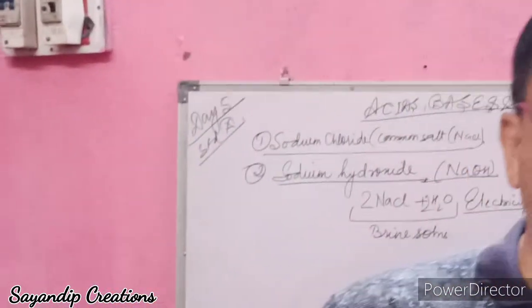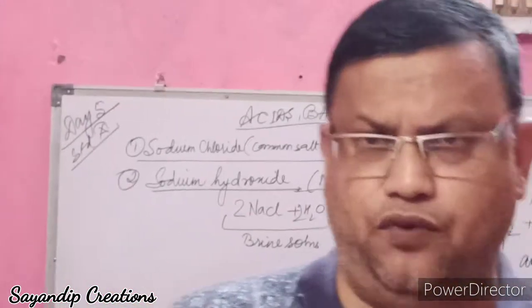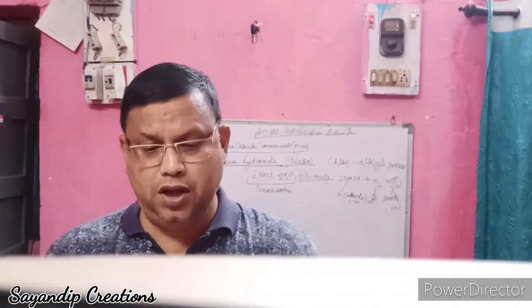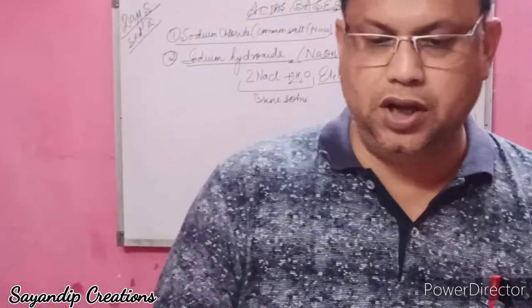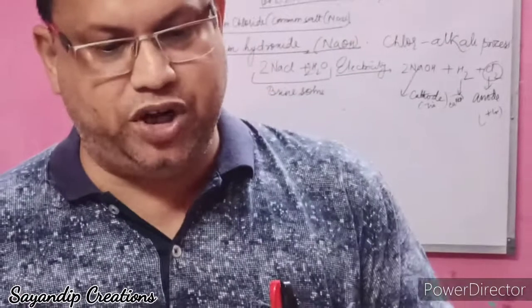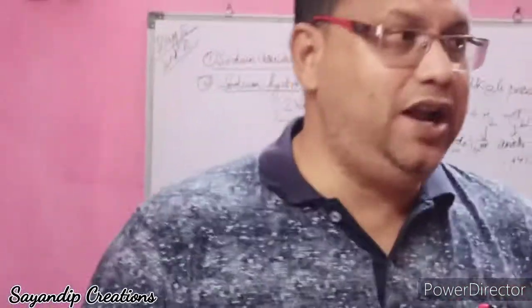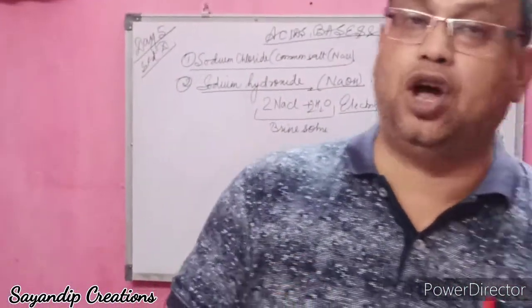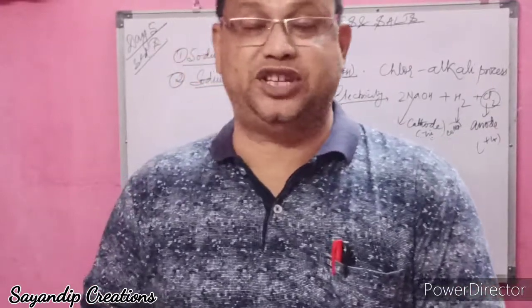Now what are the properties of sodium hydroxide or caustic soda? It is a white crystalline solid which is soluble in water. It gives an alkaline solution because it is a base, and it is very soapy to touch. It absorbs water, it is deliquescent.